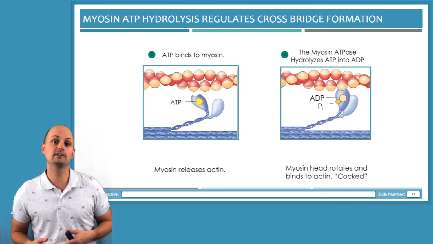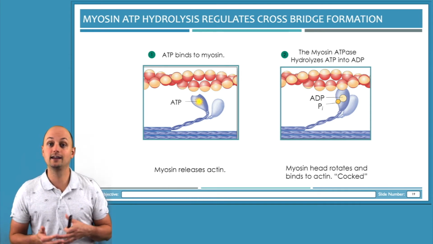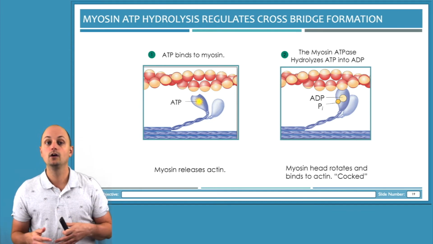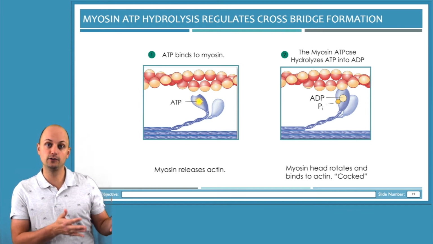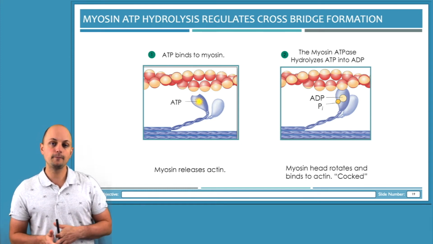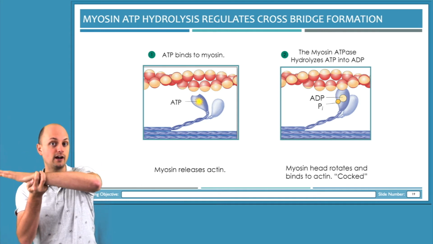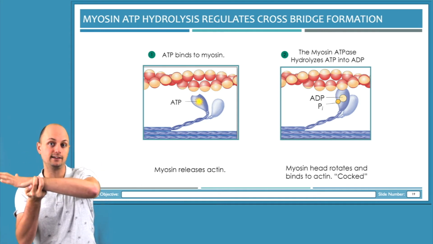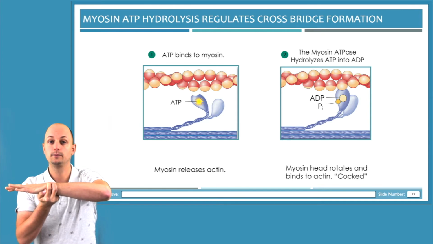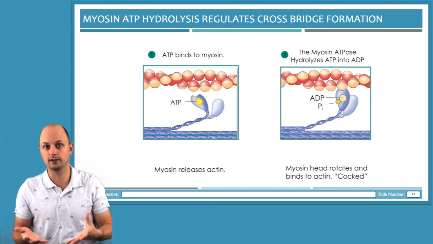But fortunately, this is a short-lived state because the myosin head is enzymatic and it can hydrolyze ATP into ADP and phosphate. ADP and phosphate, the phosphate being represented by Pi, stay bound to the myosin head. And when they're bound, the myosin head twists into a high energy conformation and binds to actin. This state is often referred to as the cocked conformation because it's a high energy state and it's very similar to cocking the trigger of a gun.